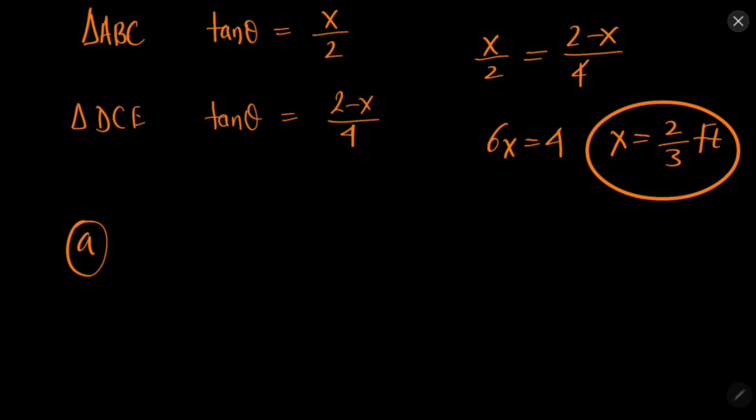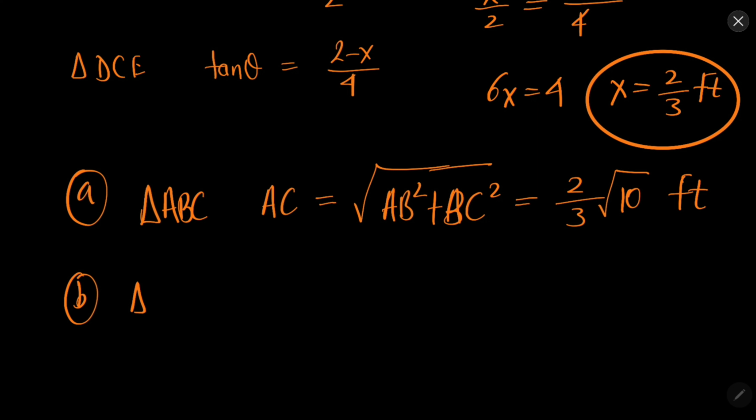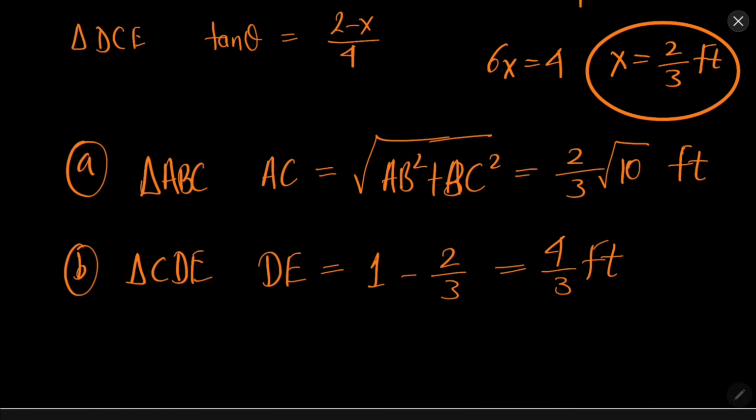So first of all, if we want from the center, then AC will be the thing that we need to find. It will be root of AB square plus BC square, which will be 2 by 3 root 10 feet. And if from the rebound point, then D will be the distance, so it will be 2 minus 2 by 3, that is 4 by 3 feet.